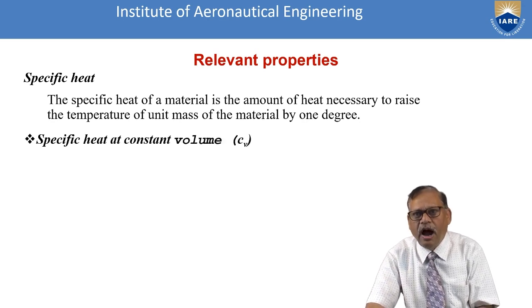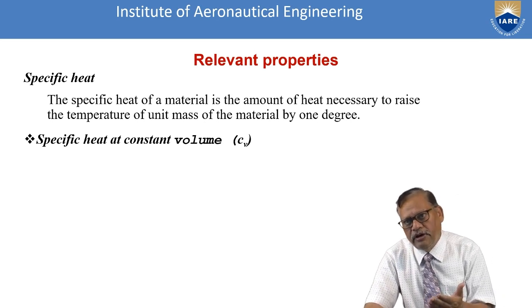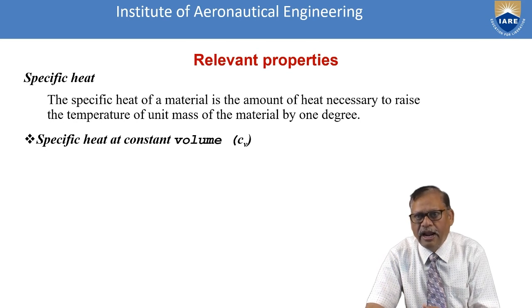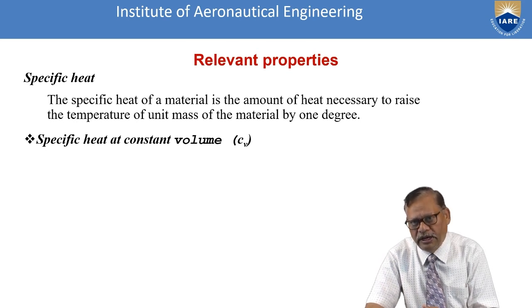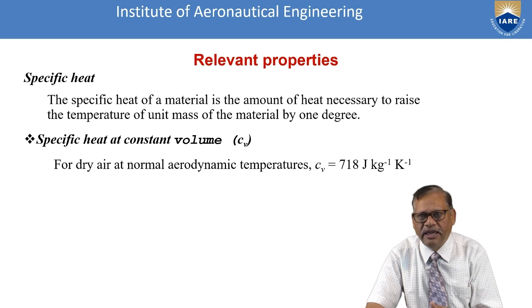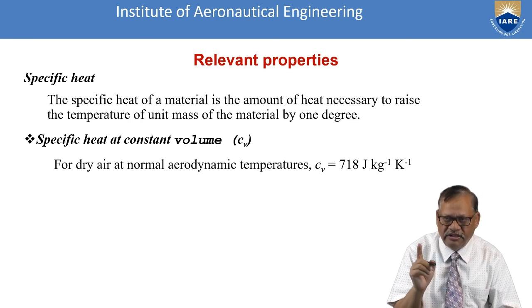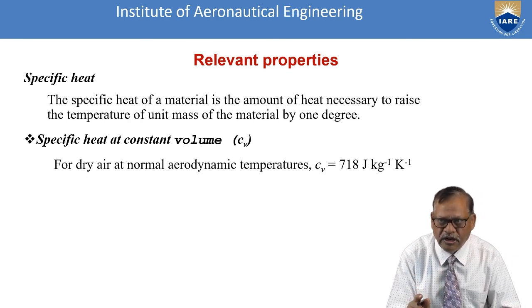How can heat be raised? Heat can be raised either at constant volume or at constant pressure. At constant volume we call it CV, and at constant pressure we call it CP. Let us see CV first. For dry air at normal aerodynamic temperature, how much energy is required to raise it by 1 degree centigrade or 1 Kelvin from the standard?